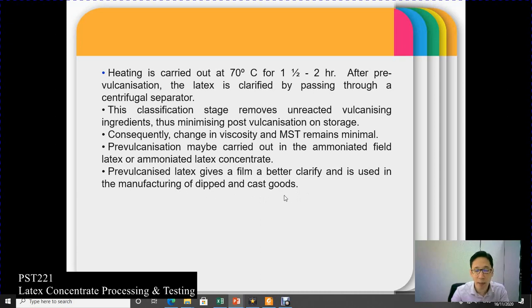Okay, you need to memorize this one. Because pre-vulcanized films produce a much better clarity of the final product, it is used for dipped and cast goods. So the keyword is dipped and cast goods. So basically you heat up and you add vulcanizing agent.